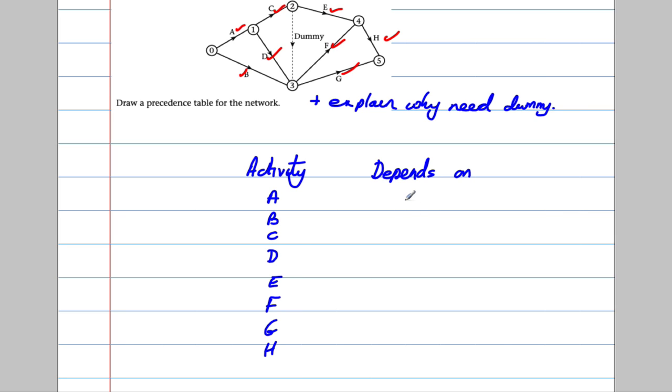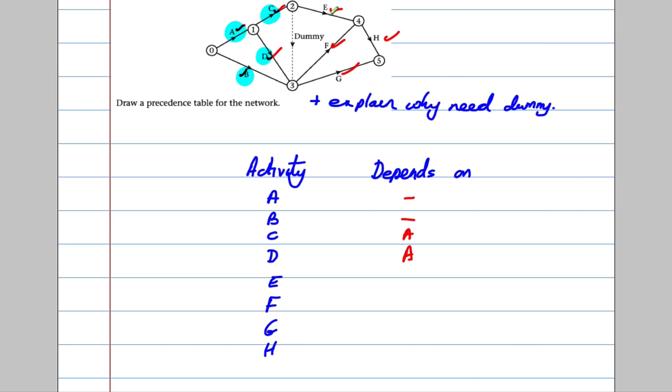It starts off at the start, so A depends on nothing. B depends on nothing as well. Now D depends on A having happened. And C depends on A having happened as well. No problem so far. Actually, let's highlight these as we go along. Done, done, done, and done.